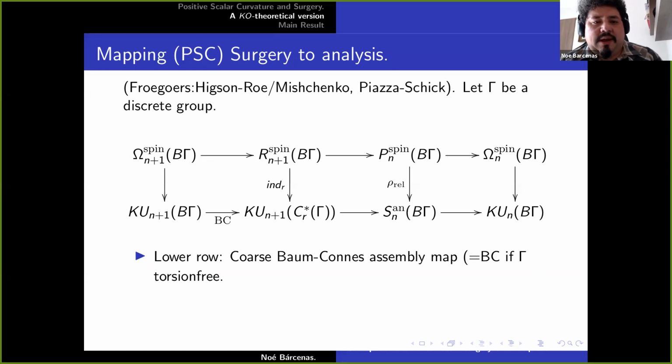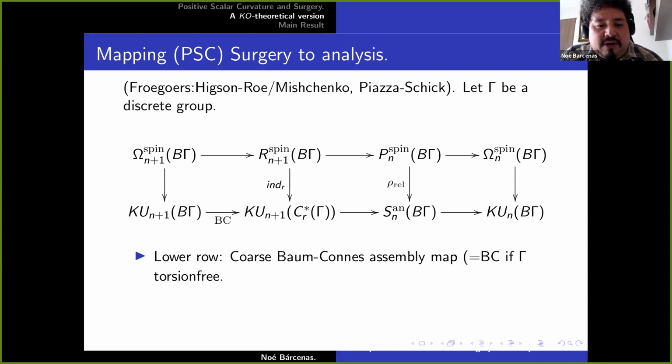So we have omega spin, R spin, Pn spin, and they repeat. And now there are invariants. Please concentrate on the middle invariants. I am going to tell you something about the others later.